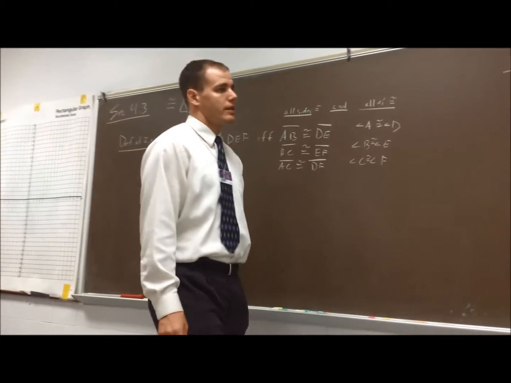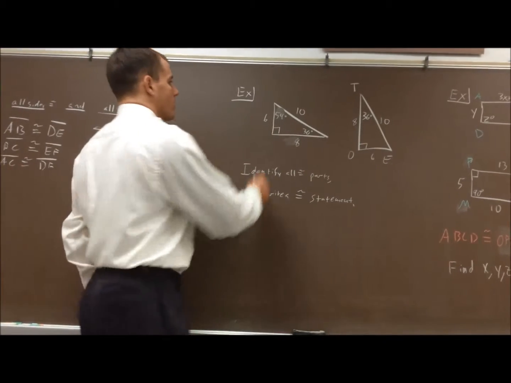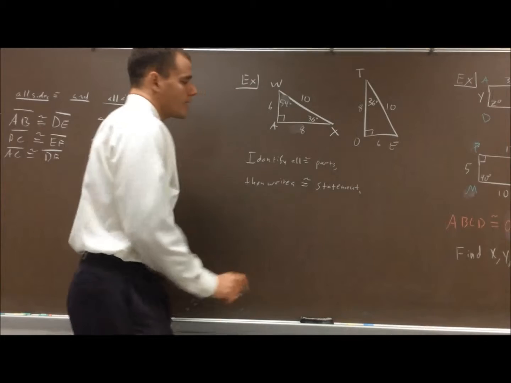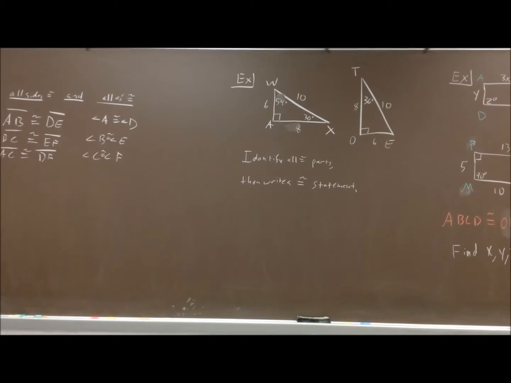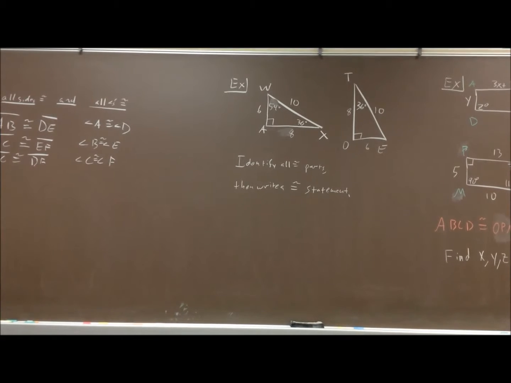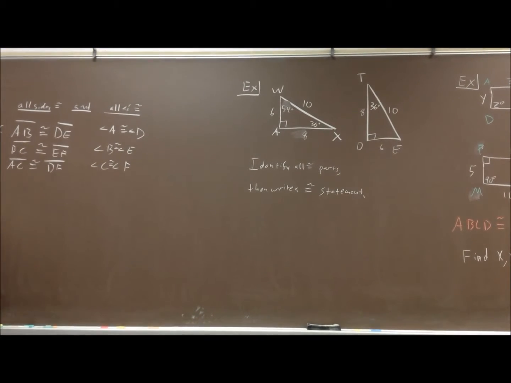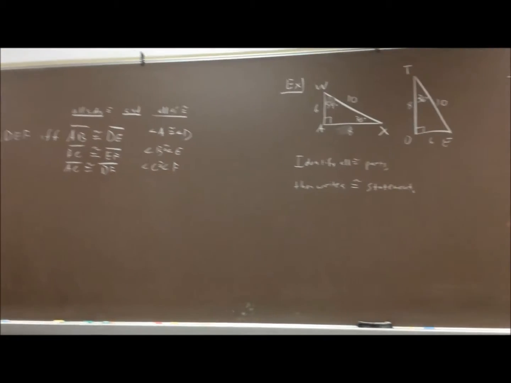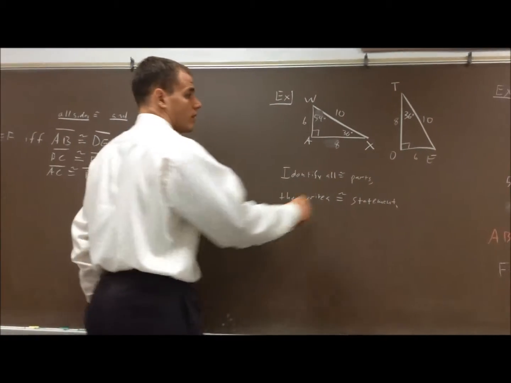So we're going to start right up here. Identify all the congruent parts of triangle WAX and triangle TOE. Then we will write a congruent statement. So if you would please raise your hand and give me one pair of sides that are congruent. OE and WA.